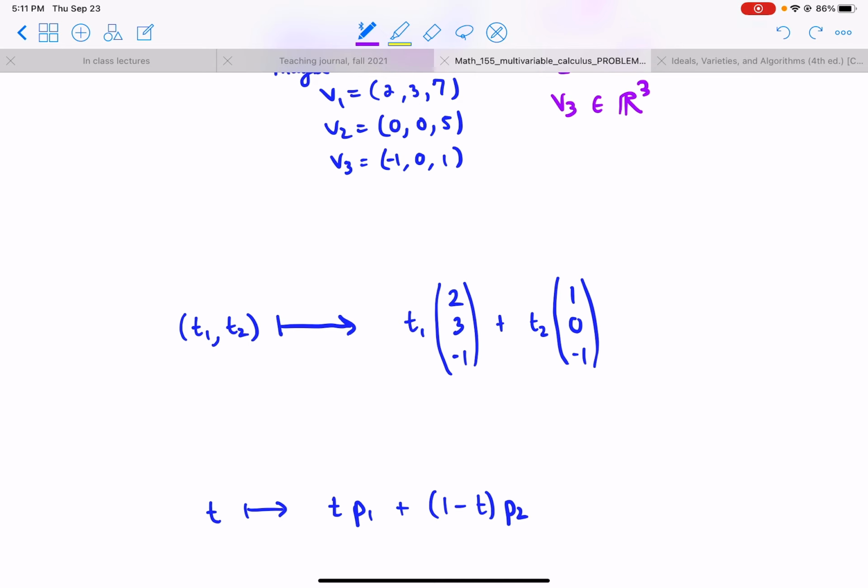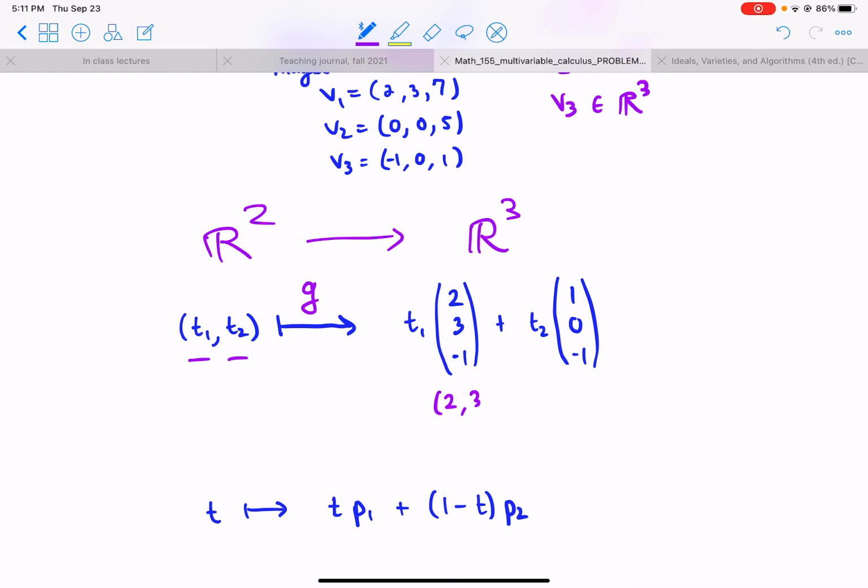And here's yet another way parentheses are used. Here we're defining a map. I didn't give it a name. I could give it a name like gamma or like G. And then, what's the formula of the map? It takes two numbers, so the map goes from R2 to actually R3, because now I'm using parentheses here to hold the contents of a three-dimensional vector.